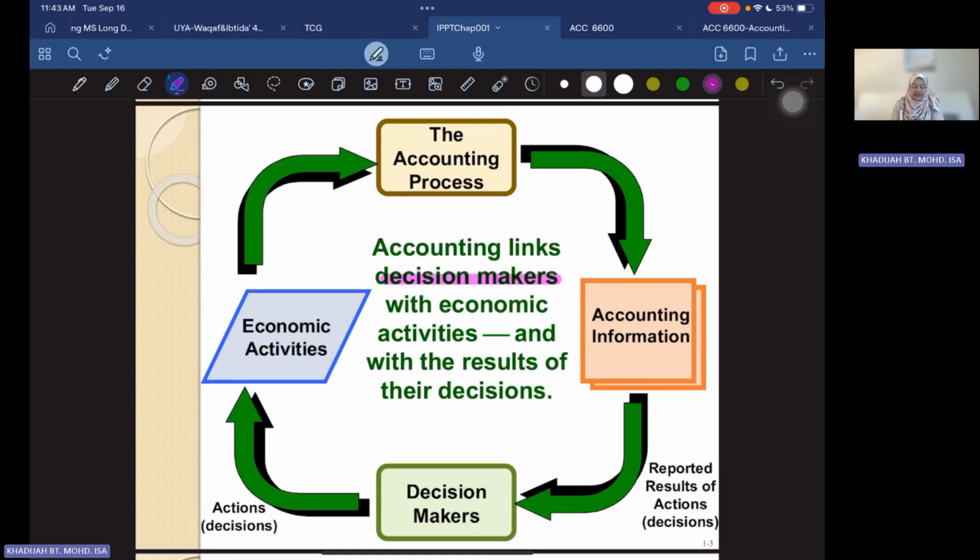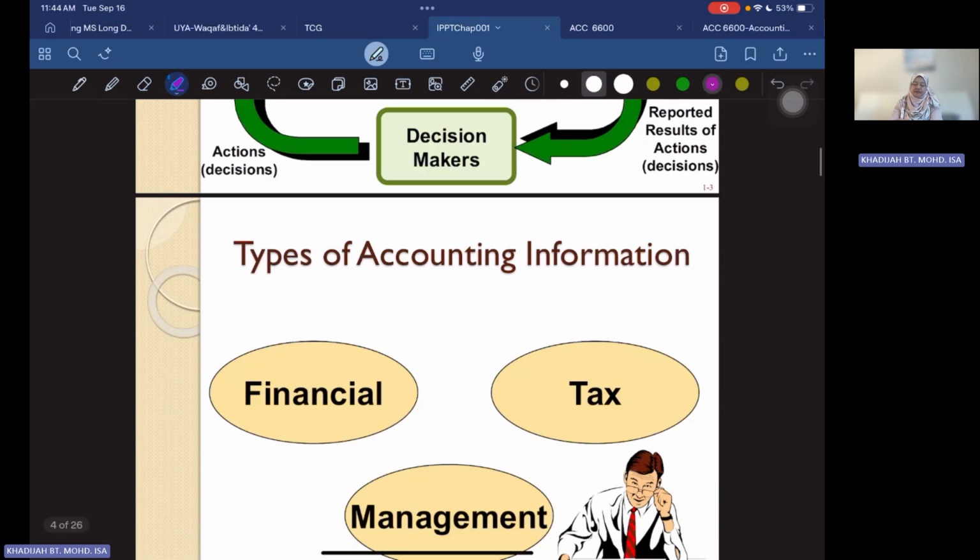It starts with the economic activities. From the economic activities, of course, you go through the accounting process, and using that process you have accounting information. Using that information you make decisions. That decision making will help you to continue with your activities, so it's a cycle.